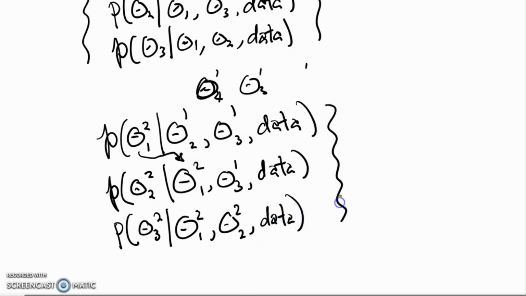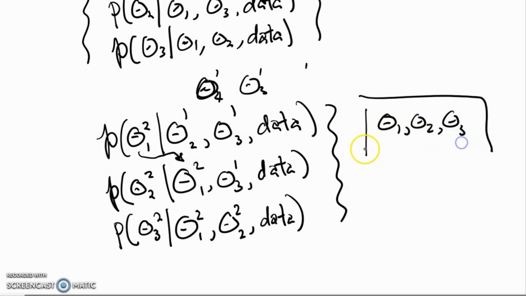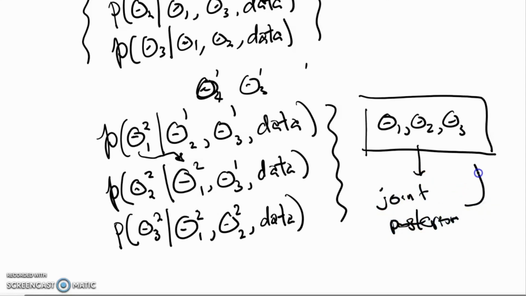At the end of this step, we would have a joint distribution of theta 1, theta 2, and theta 3. And if we repeated this through thousands of iterations, we'd eventually get the joint posterior for theta 1, theta 2, theta 3.